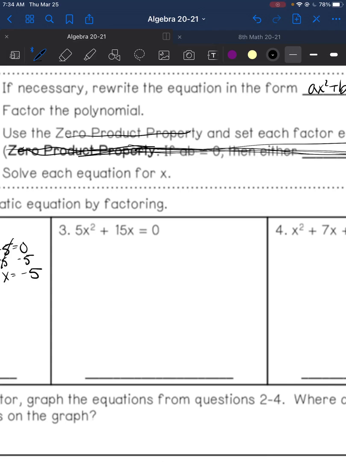Okay, let's practice another. 5x squared plus 15x. A lot of you might overthink this. I just had to stop the video and rethink it because I was overthinking it. Factoring doesn't just have to be the method that we just used, like I was trying to do with this one.